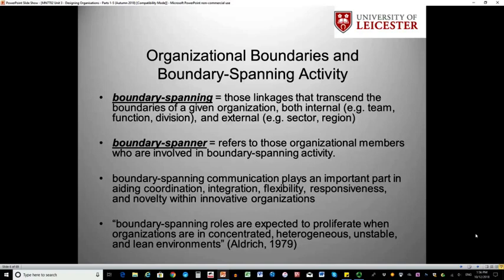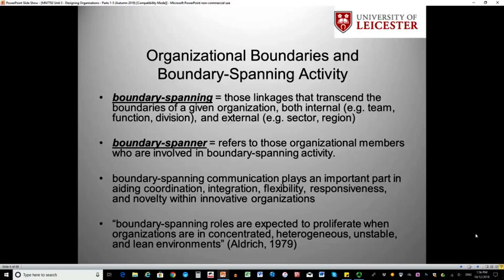It comes from talking to people who are dissimilar to us, who have different functional backgrounds, different sectoral backgrounds, different educational backgrounds, different national backgrounds. So diversity is really important to novelty and innovation. And so if we are spanning boundaries, we're more likely to expose ourselves to different ideas that we hadn't come across.